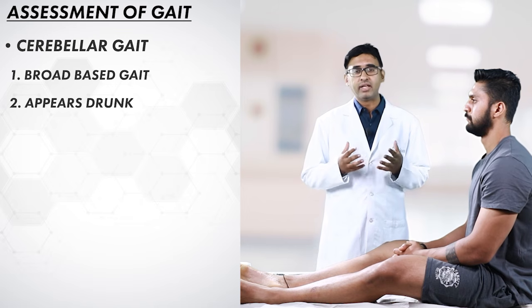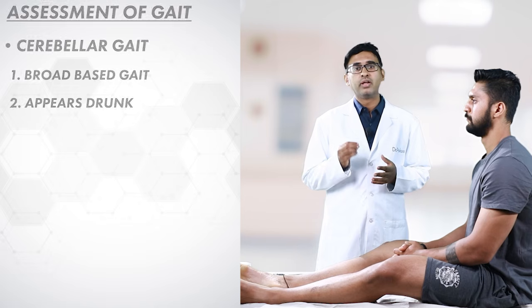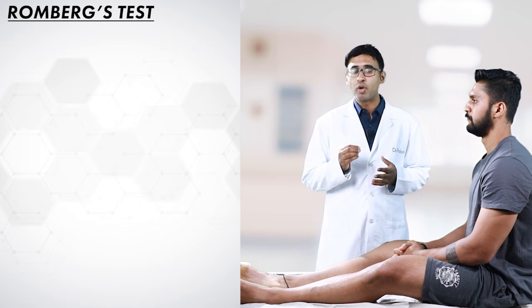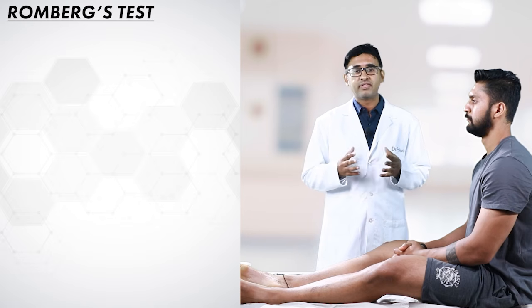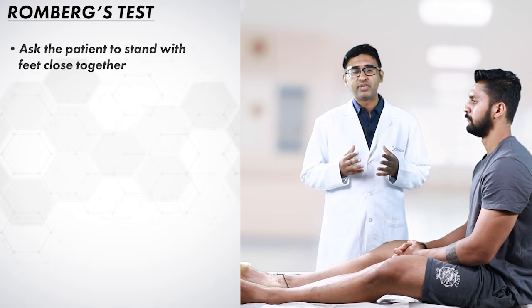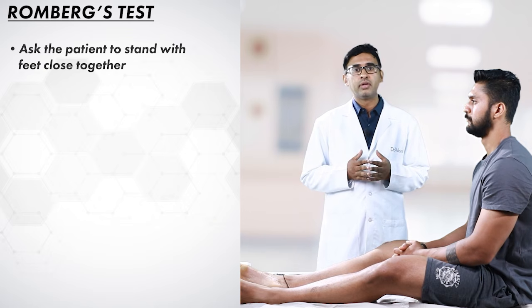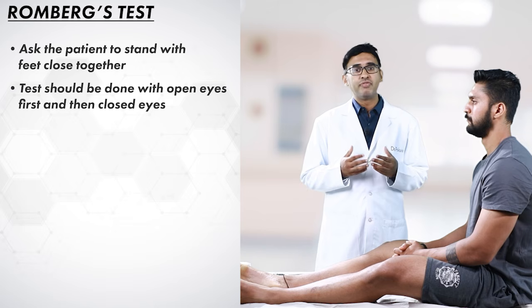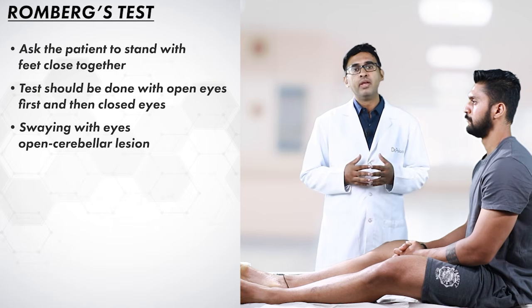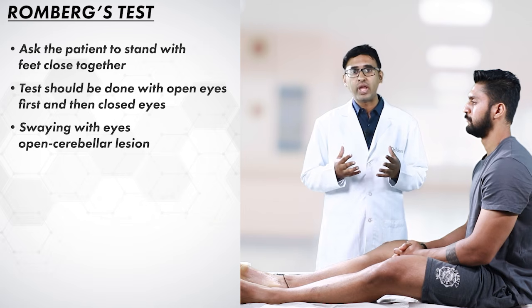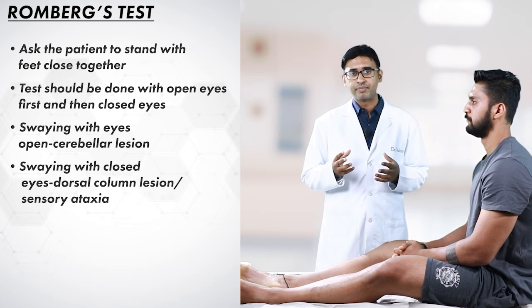Before we go to examine the gait, we will talk about assessing the Romberg's test or the Romberg sign. This test is done by asking the patient to stand with his feet close together. This is done with the patient first with his eyes open and then with his eyes closed. If the patient demonstrates any swaying with his eyes open, this points to a cerebellar lesion.